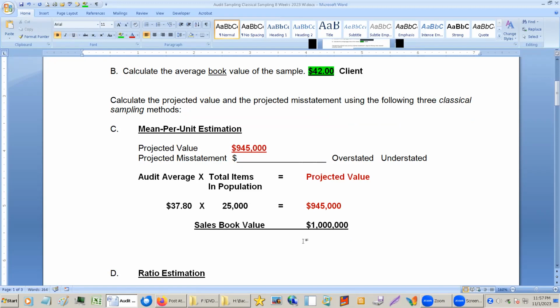So the difference, the misstatement, is $55,000 for this method.